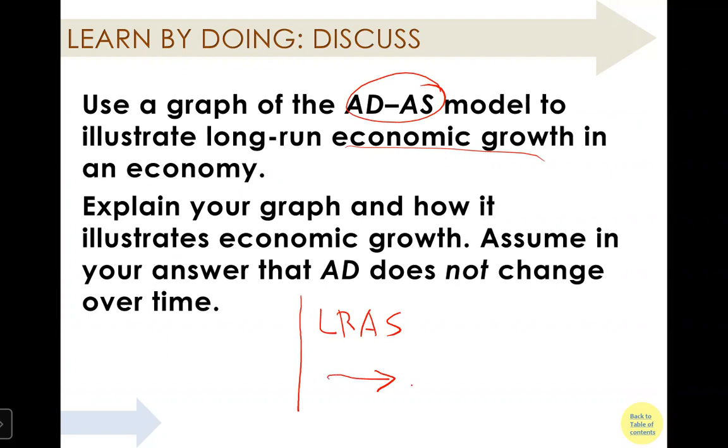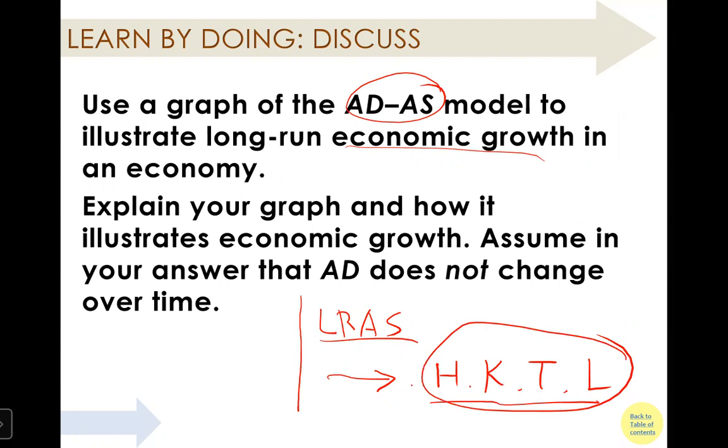So what caused this curve to shift? Remember we talked about human capital, physical capital, technology, labor supply. Those factors can cause this vertical line to move to the right, an increase in long run aggregate supply. I'll leave that for you.